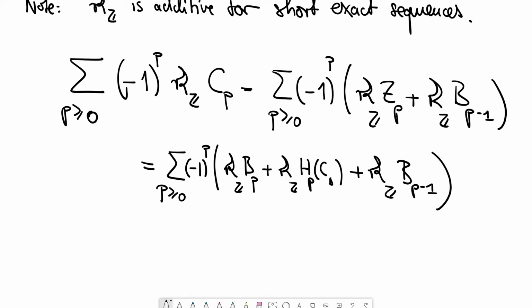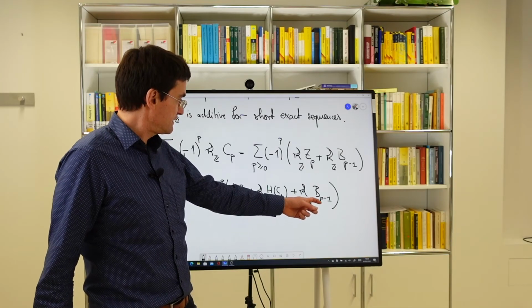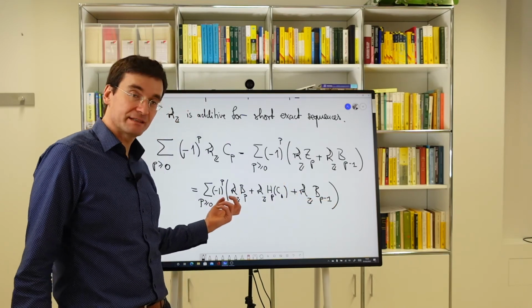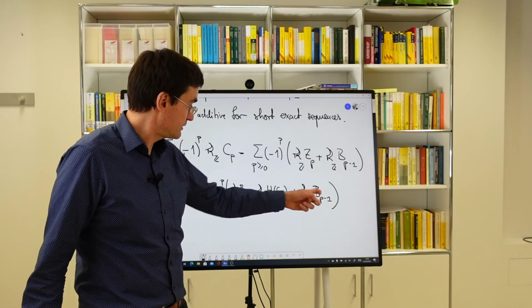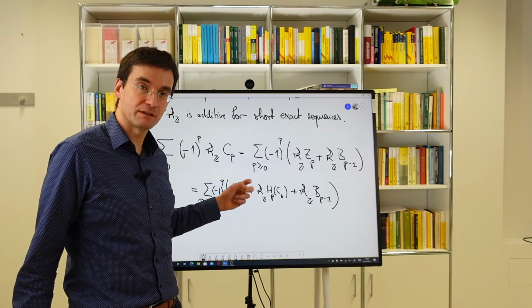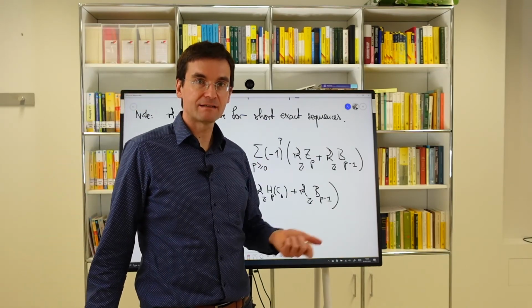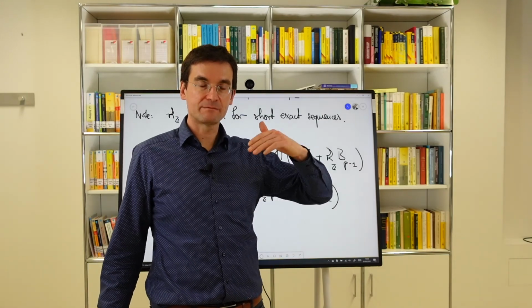And now we're almost done, because you see now that you have here the rank of BP minus 1, but in the next summand, this term will appear again here, but with a different sign. So all the ranks of the boundaries cancel each other. They're cancelled by the next one.